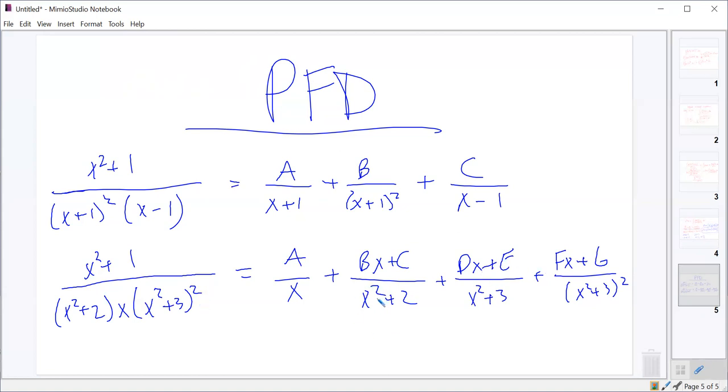And anytime it's an irreducible quadratic, you put a linear piece up in the numerator. Everybody good with that?